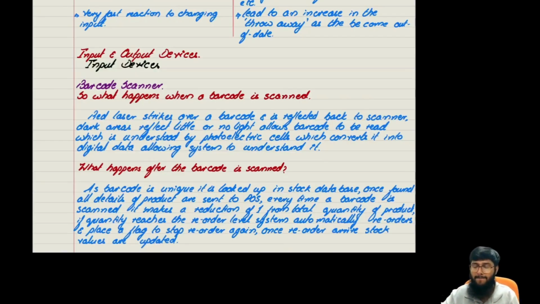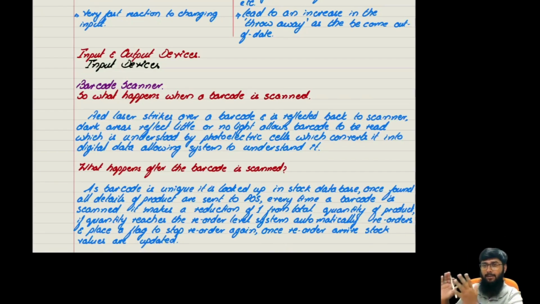There is a photoelectric cell in the barcode scanner that reads the light reflected back from the barcode, and it converts that with the help of the ADC, the analog to digital converter, into digital format and sends it towards the microprocessor.